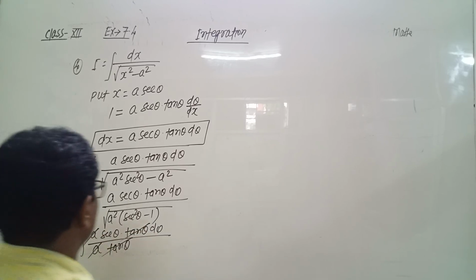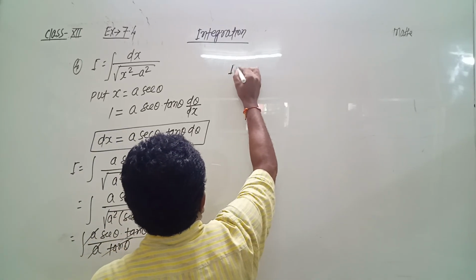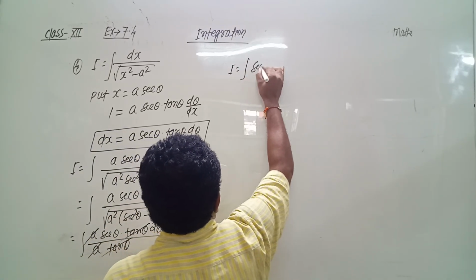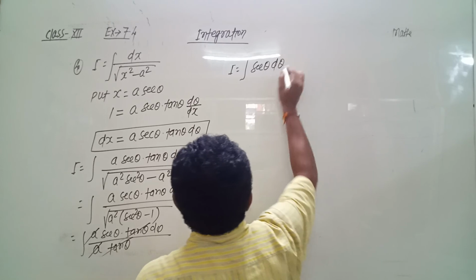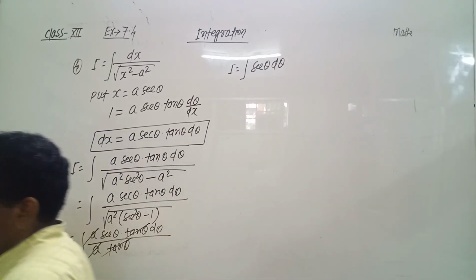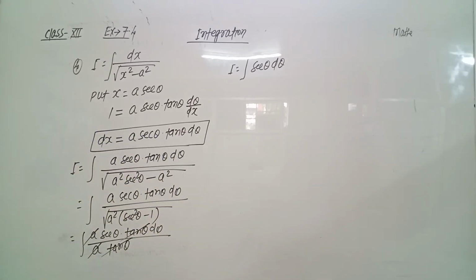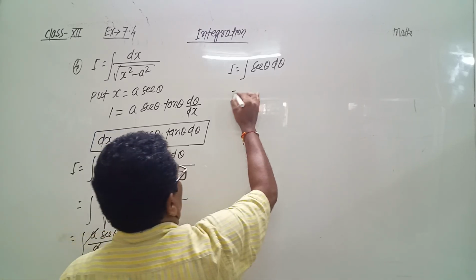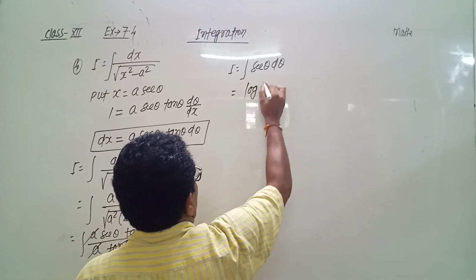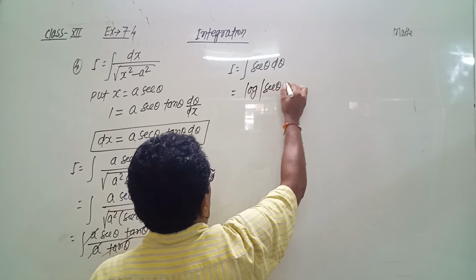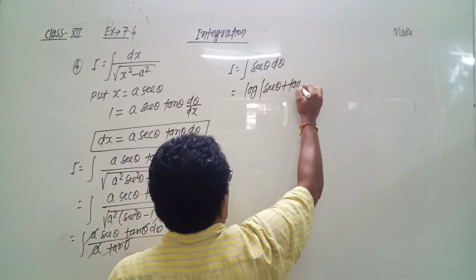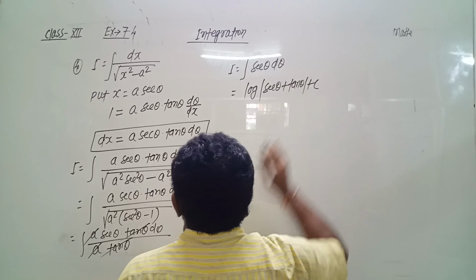So we get integration of sec theta d theta. And you know integration of sec x dx is equal to log of sec x plus tan x. So integration of sec theta is log of sec theta plus tan theta plus c.